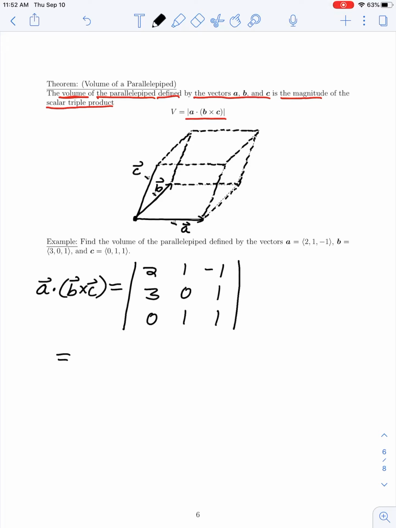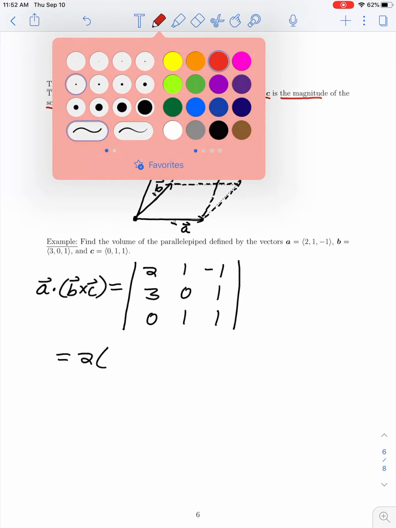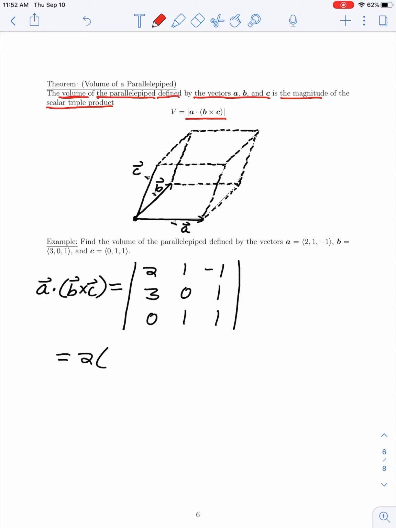So taking our determinant, we would start with the first entry along our first row, which is 2, times the determinant of the 2 by 2 submatrix that we get by deleting that first row and column. That determinant would be 0 times 1, or 0, minus 1 times 1. So we get 0 minus 1.